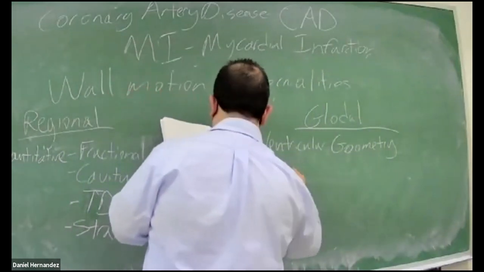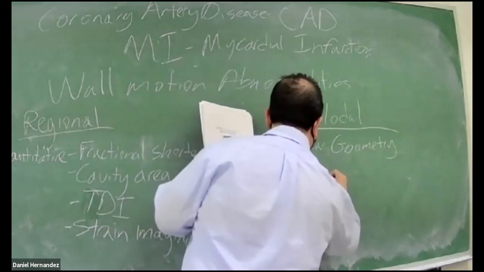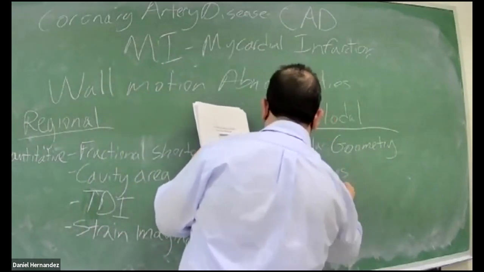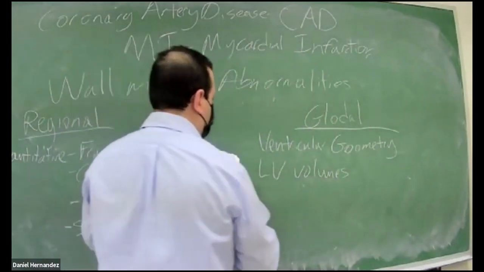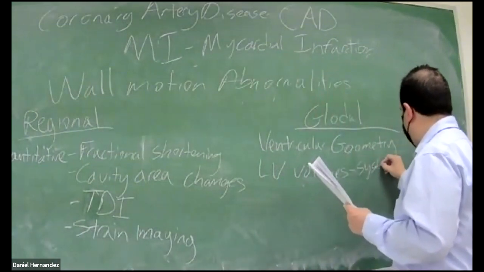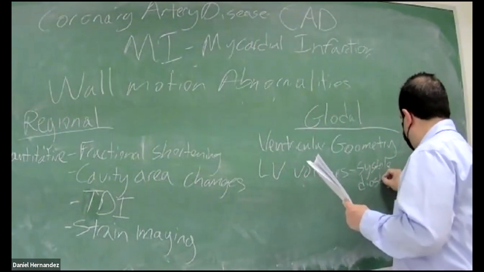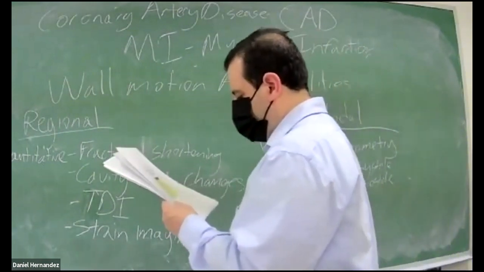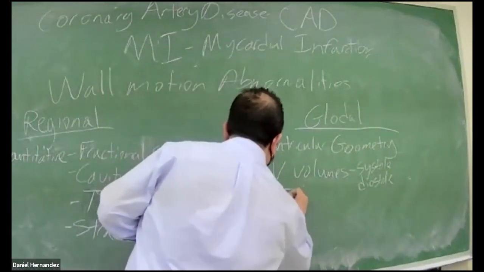We have LV volumes during systole and diastole, and ejection fraction, EF.